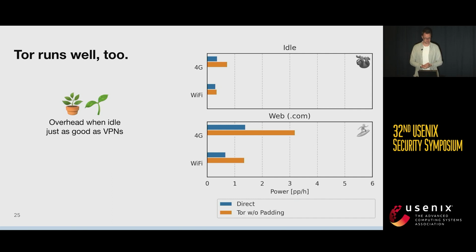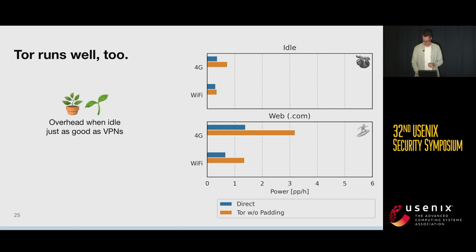The other good news is that Tor is just as good as VPNs in idle mode. The phone just goes into its low power state when we're not doing anything, so that's quite feasible. We see a bit more power consumption when we do work, and that's just because the latency is higher and the bandwidth is lower when using Tor.